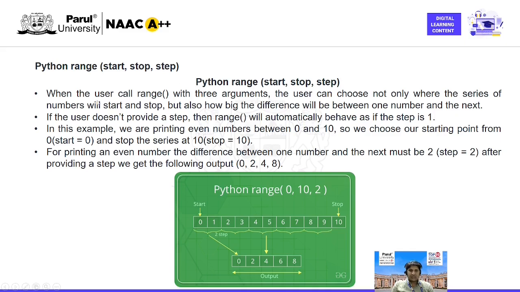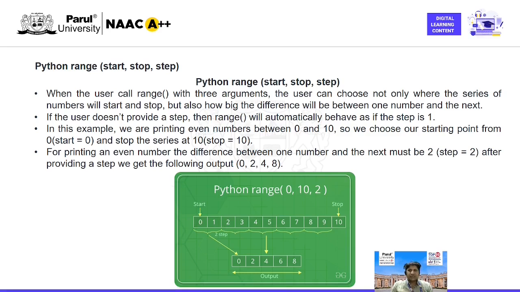It means the user also decides what will be the first value, what will be the last value, and what will be the difference between the first and second value, or you can say the difference between the first term and second term.